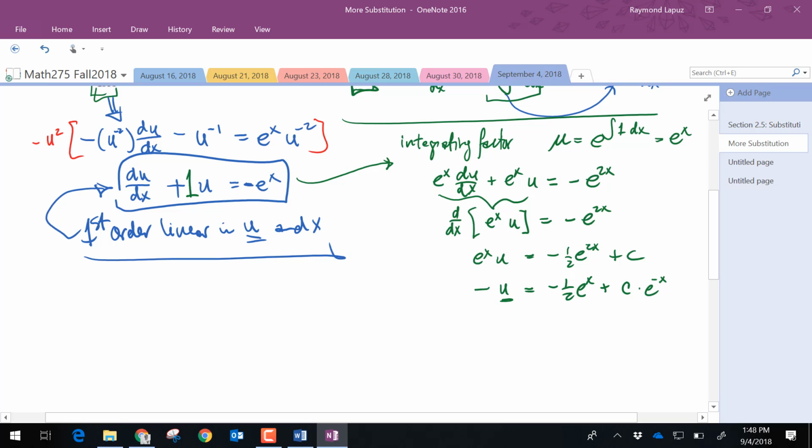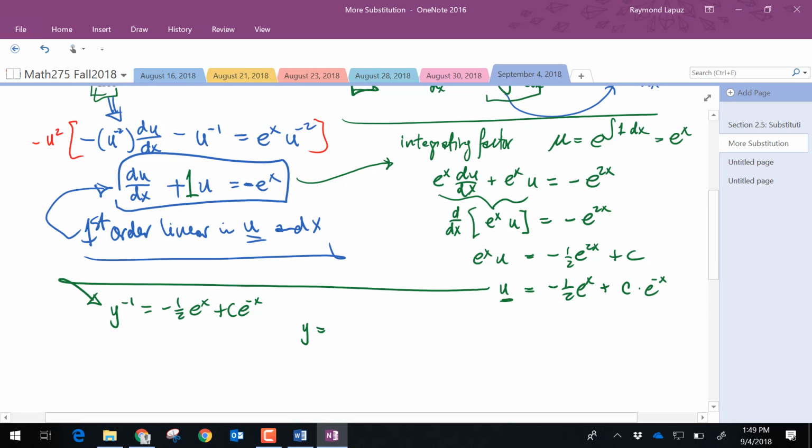So this is equal to y to the negative 1. And then to get y, you just take the reciprocal. Or you could put a parentheses and take it to the negative first power, or write it as 1 divided by that. Either one would work.